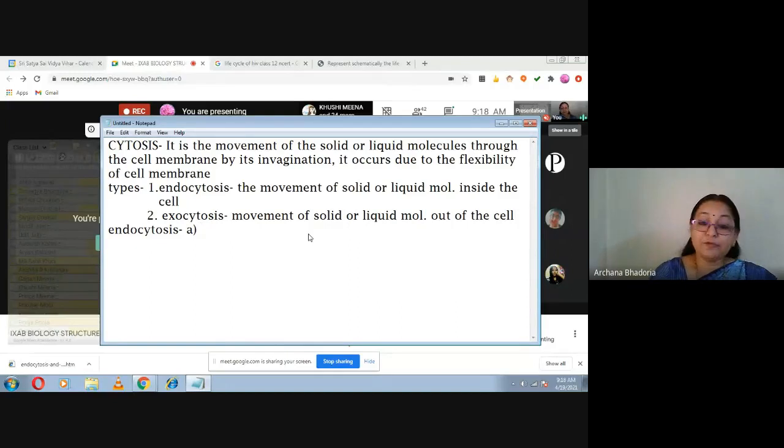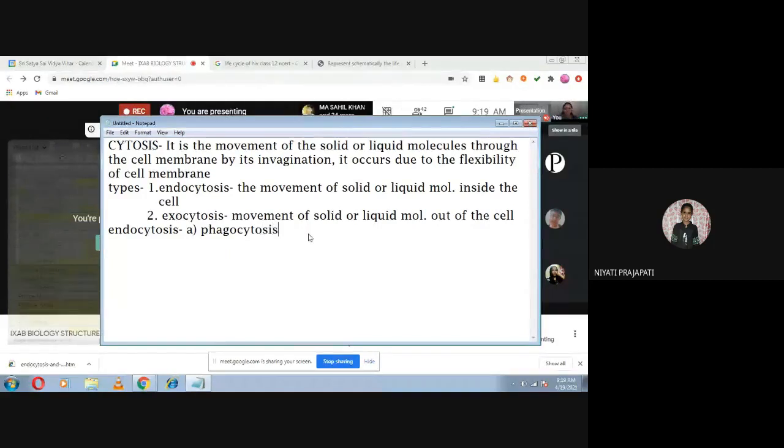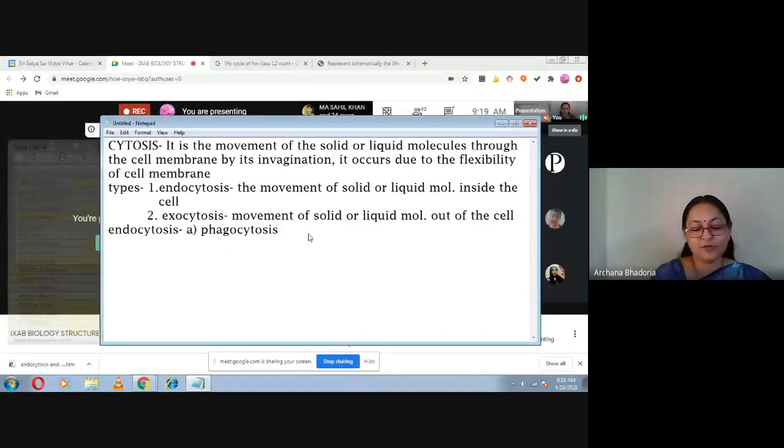When the solid food particle enters, children, we call it phagocytosis. This is the process of nutrition in the case of amoeba.